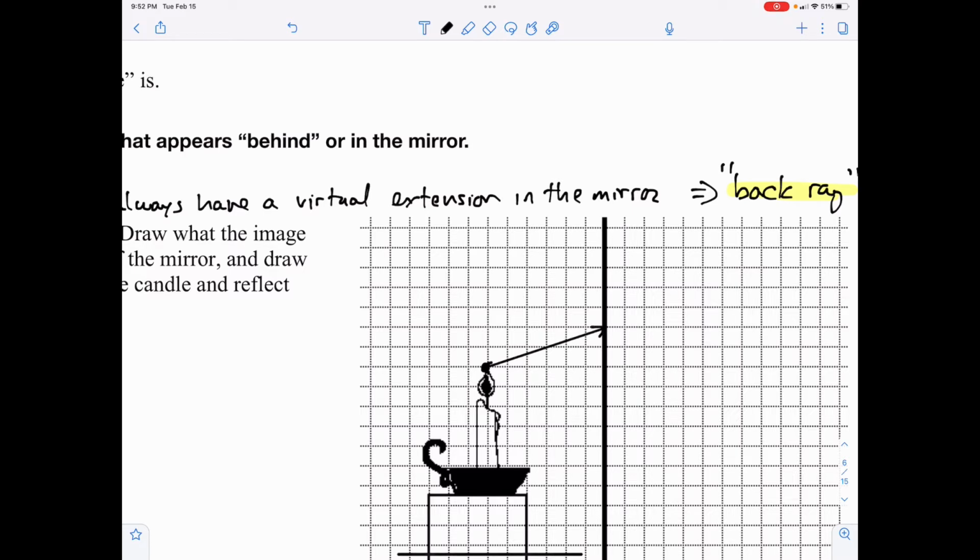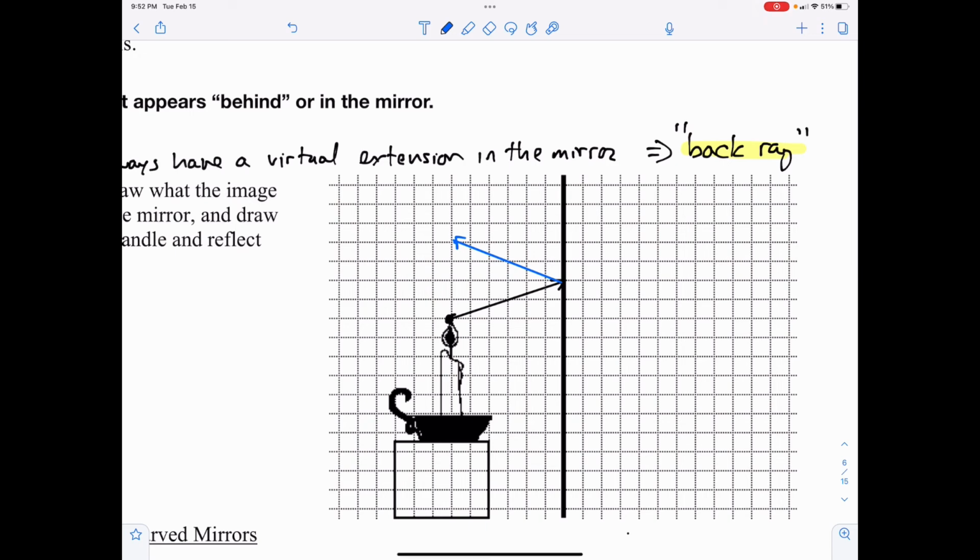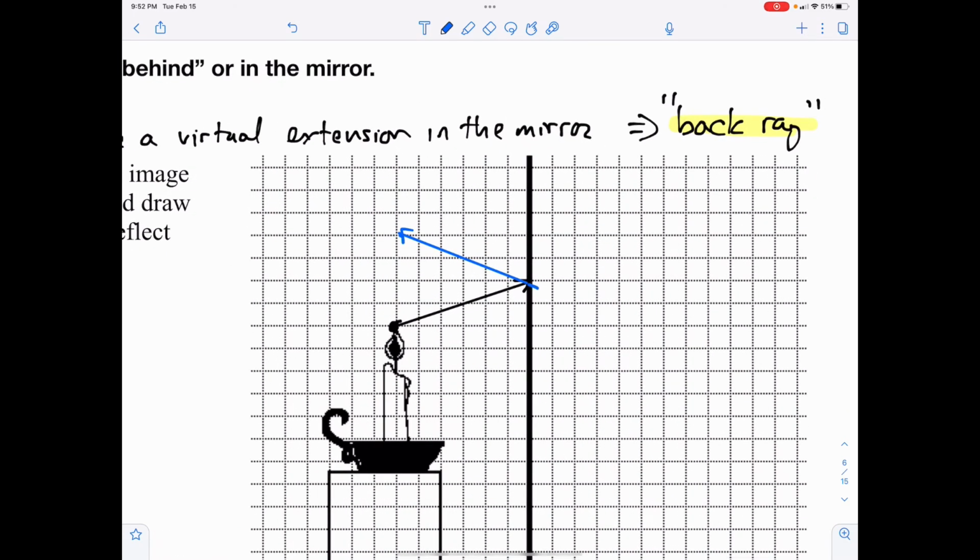Now the reflection would be off at the exact same angle, meaning exactly like this. Notice the boxes of the graph paper should help you: 6 over, 2 up. Keep it the same. But what do I need? I need a back ray. Remember, every reflected ray has a back ray, right?